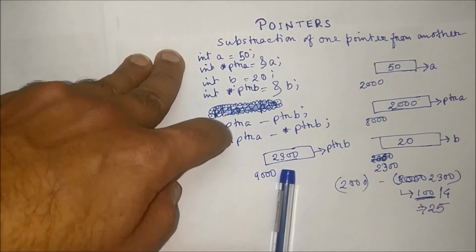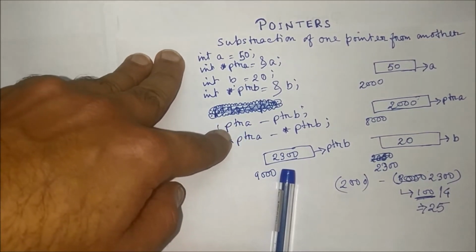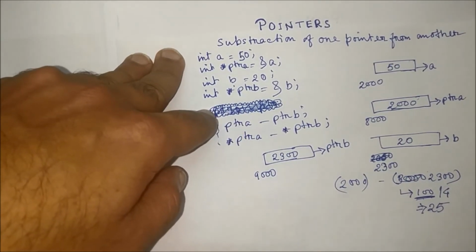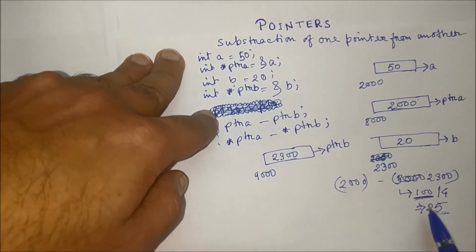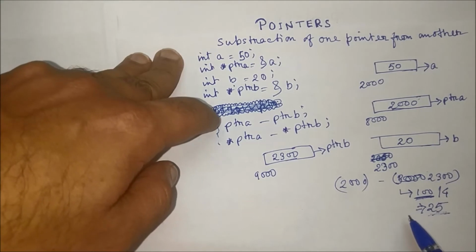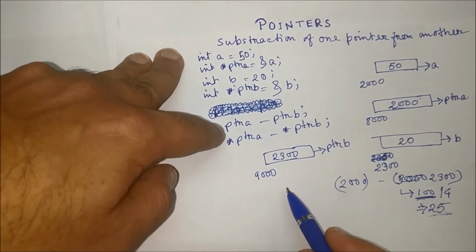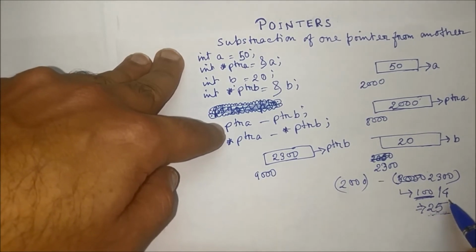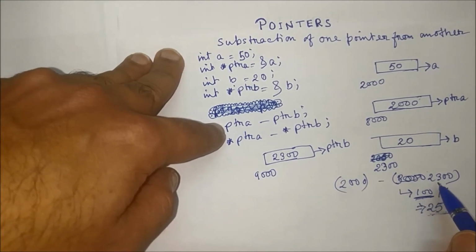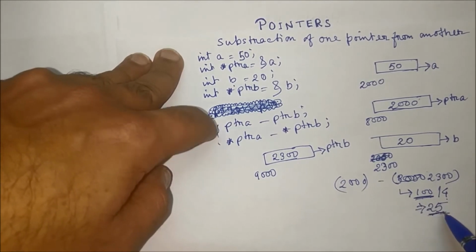So the result of the subtraction should be 25, not the exact memory difference. Whenever you perform this operation, divide the subtracted value by 4 to get the result.